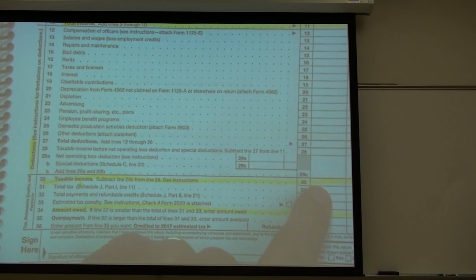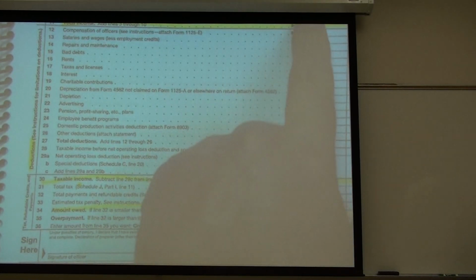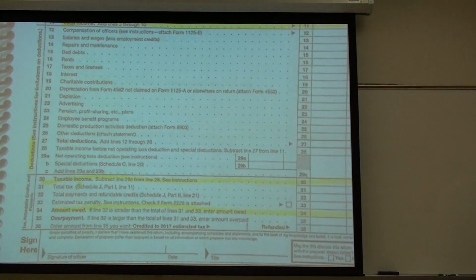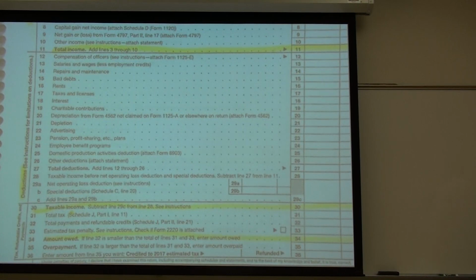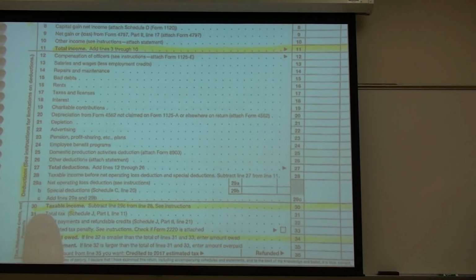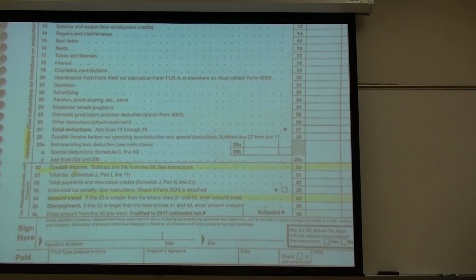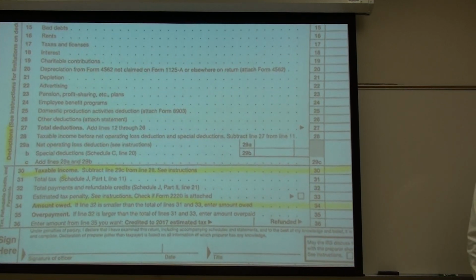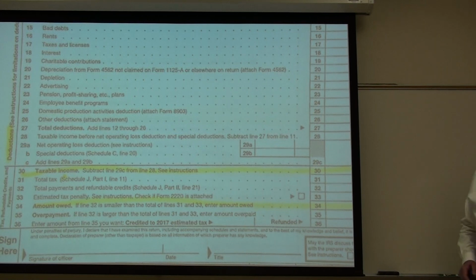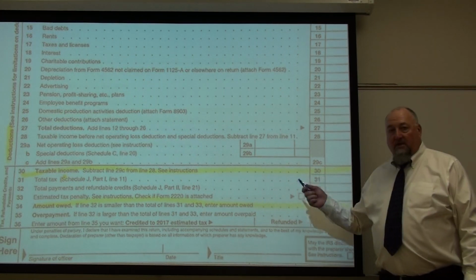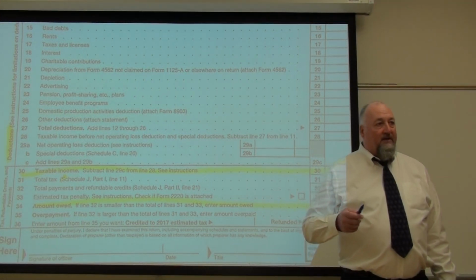The total amount, you minus the deductions from the total income. And that gives you, as you can see right here on line 30, that is the taxable income for a C corporation. So that is where the C corporation has to pay corporate tax based upon that.